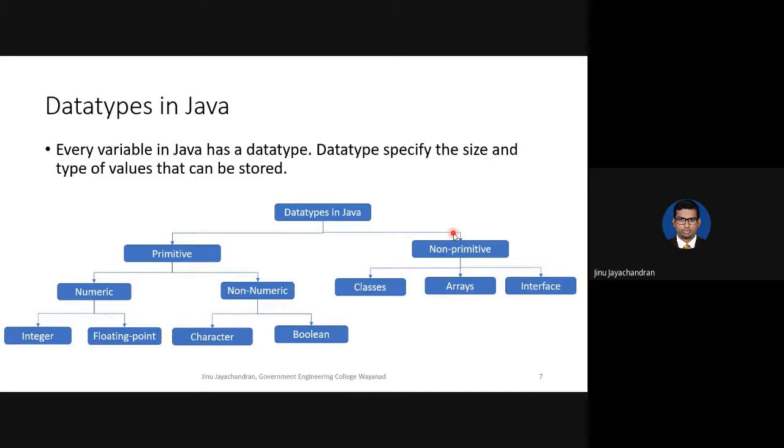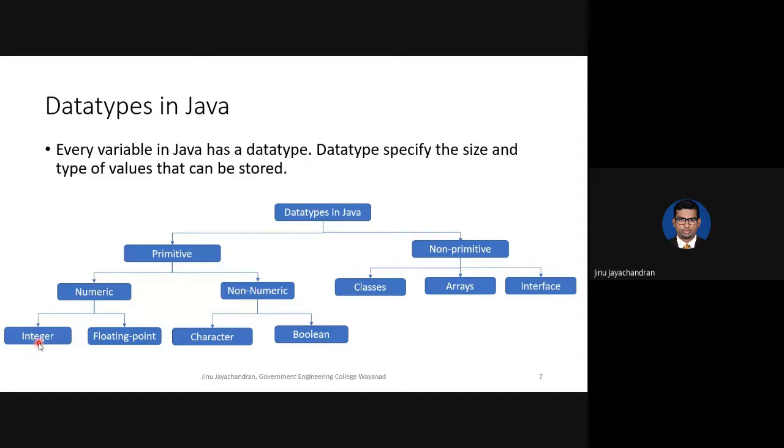In C++, we have seen data types like int, float, char, arrays, etc. In Java, you can characterize them into two main types: primitive data types and non-primitive. Primitive means those which have been there since the first programming languages, which are numeric and non-numeric.